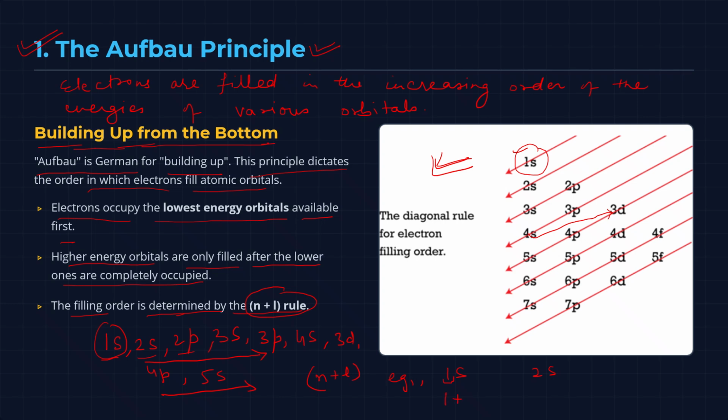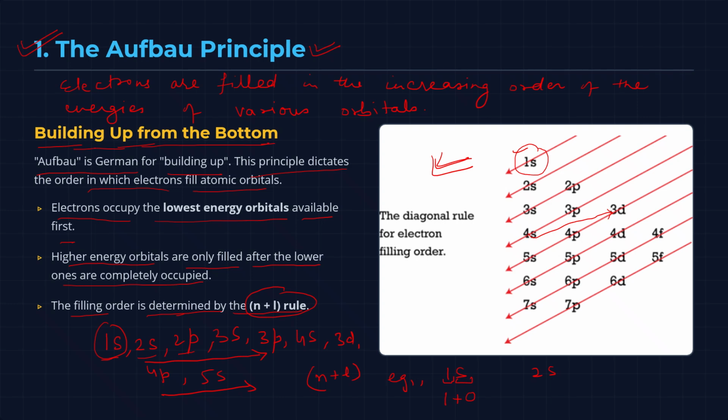And what is the value of l here? l, that is the azimuthal quantum number you have studied in previous class. Its value can be seen from this S subshell. So for S subshell, the value of l is equal to 0.